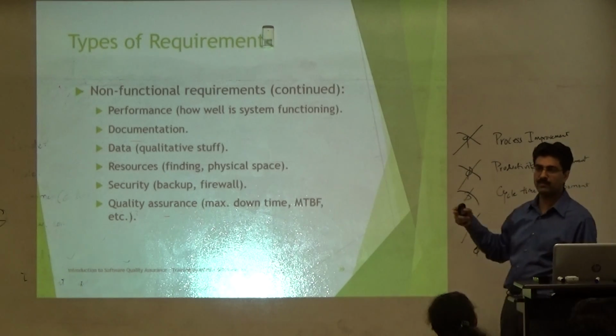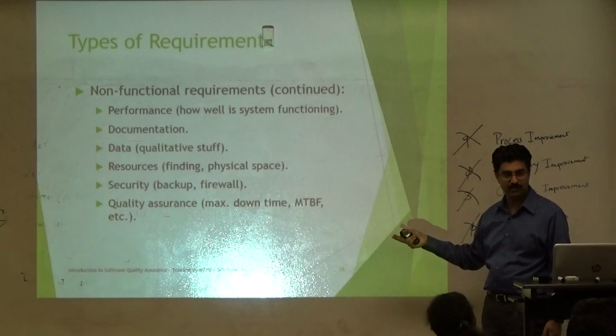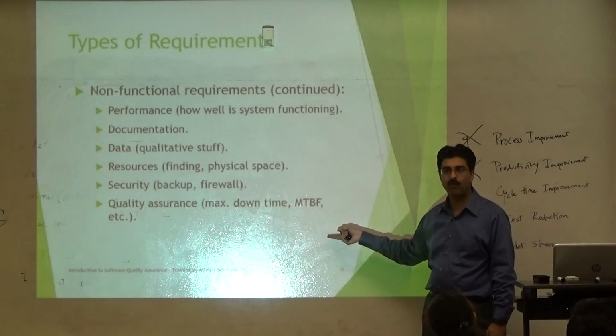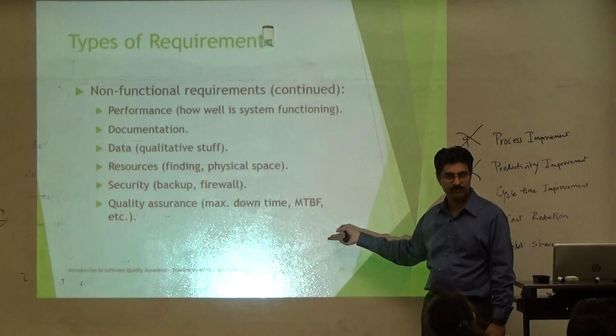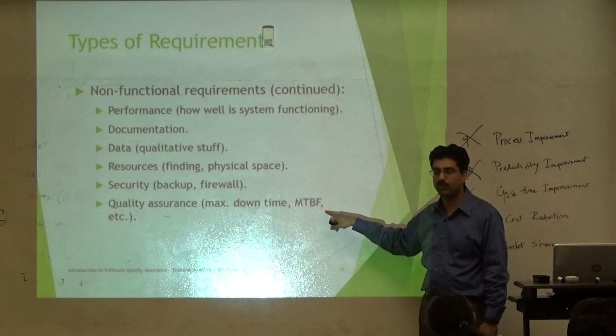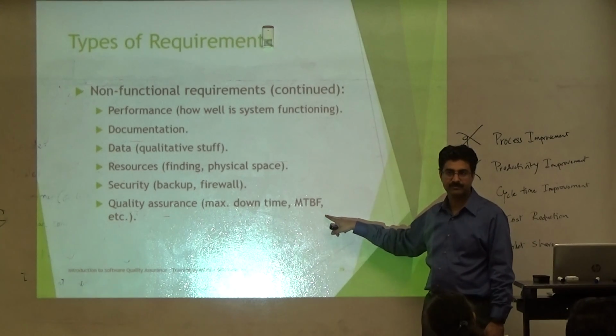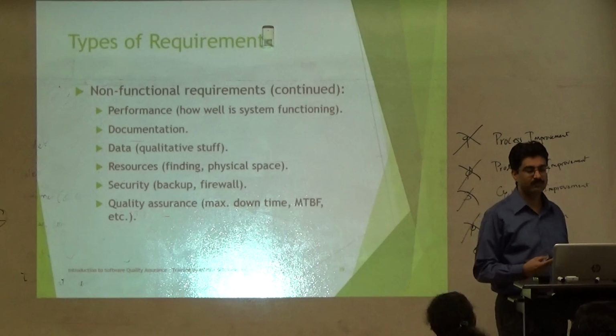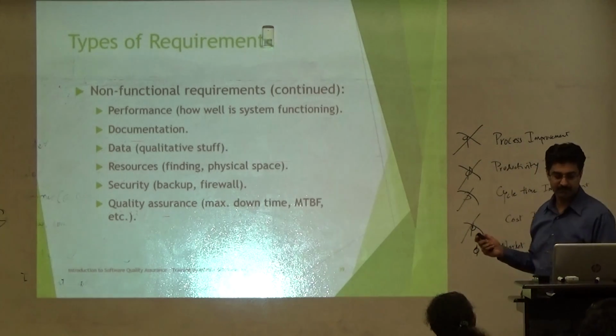Because that's a characteristic of the system that you need to validate and test. If my system crashes, how long before it can be restored back to the normal state? Another aspect is how long before it fails? And that's the mean time between failure. Those kinds of things.